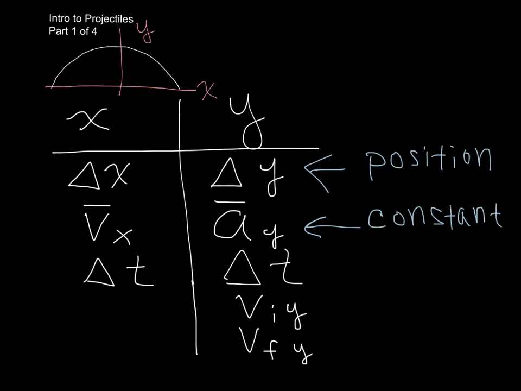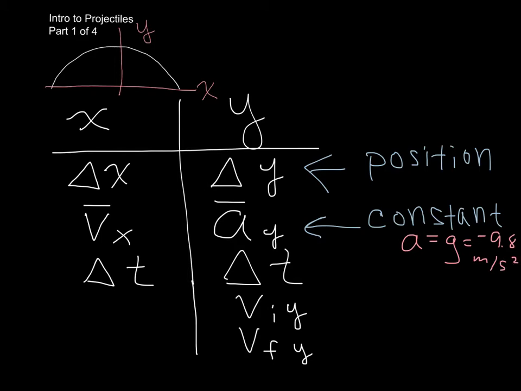On the y side, when we're talking about the vertical part of the motion, that is also constant. Constantly what value? As long as we're talking about planet Earth, our acceleration is going to be the acceleration due to gravity, negative 9.8 meters per second squared.